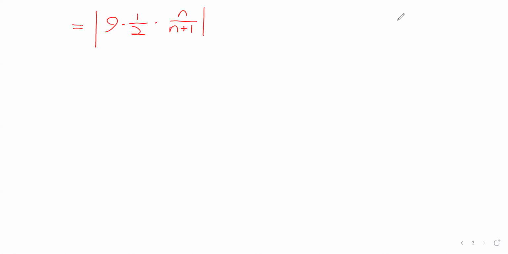And the absolute value isn't really doing anything, not anymore. It's done its work. 9 is positive, 1/2 is positive, n over n plus 1 is positive.